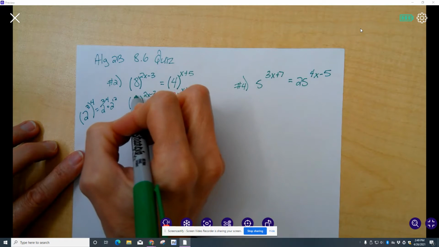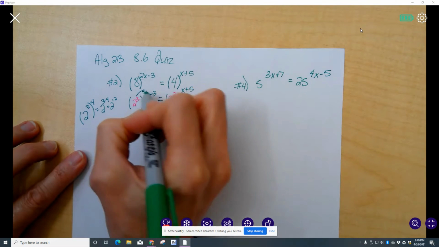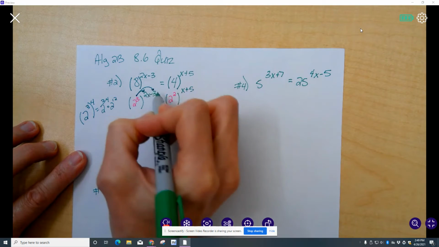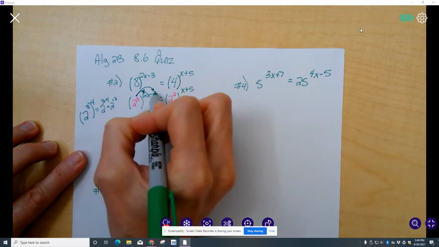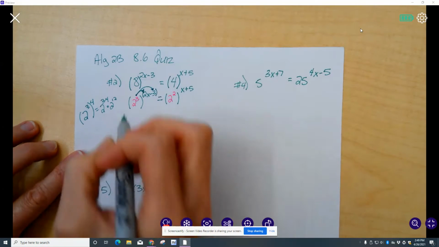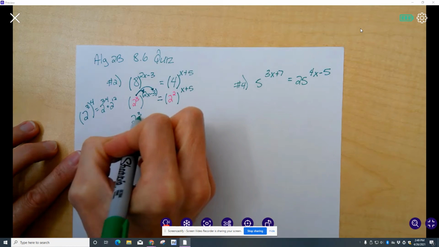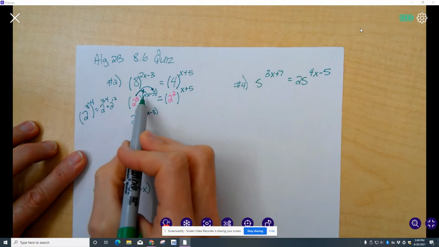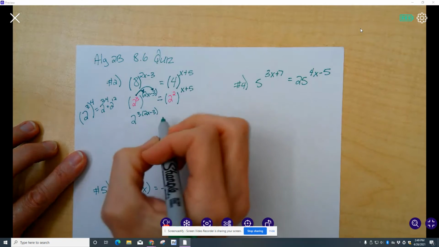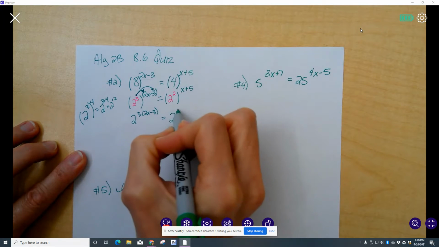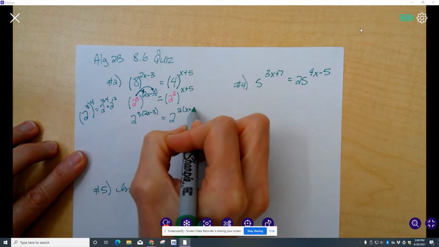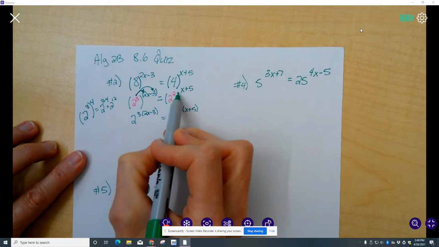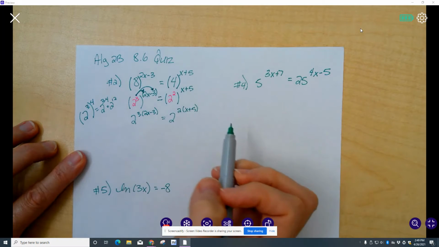The other thing you have to be careful about is you're going to do distributive property on this, because you have to multiply the 3 by the 2x and the 3 by the negative 3. You can almost picture it like this: 2 to the 3 times 2x minus 3. So I'm multiplying this 3 by this entire exponent, and 2 to the 2 times x plus 5, because I have to multiply this exponent by this entire exponent.